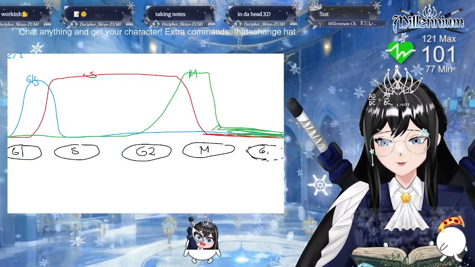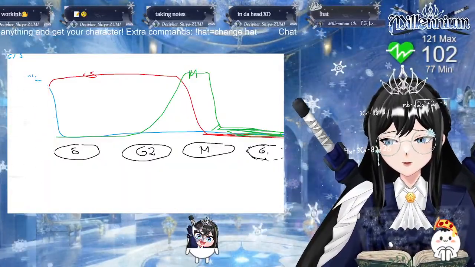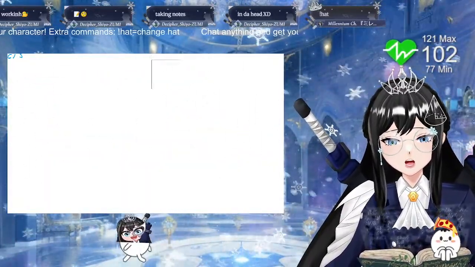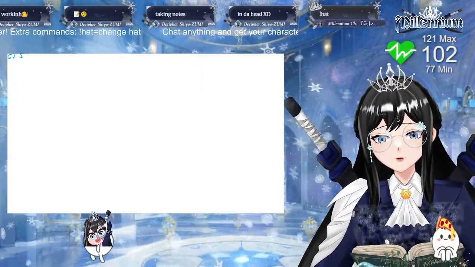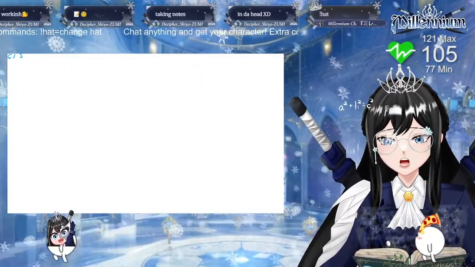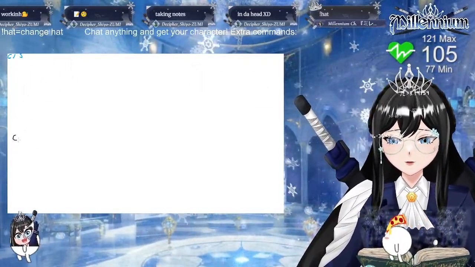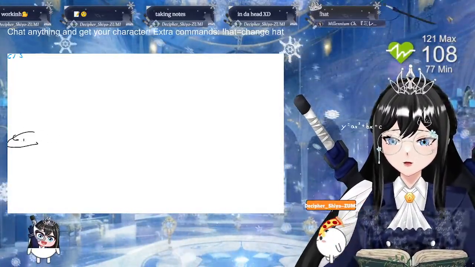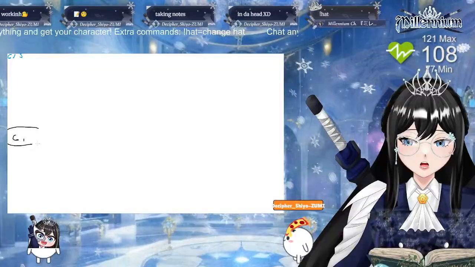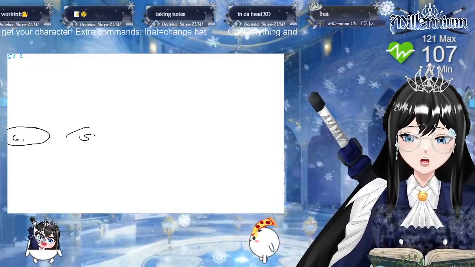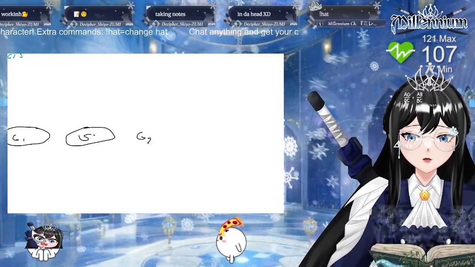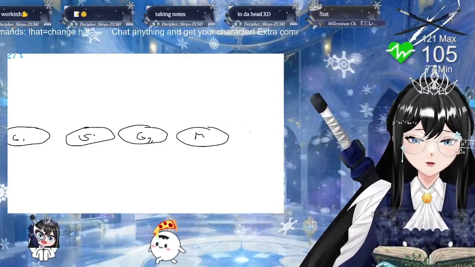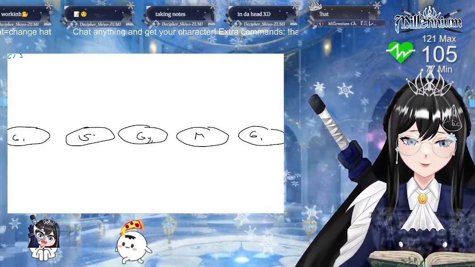So again, for the cyclins, you erase that. For the M cyclins, you have G1, S, G2, M, and then G1, right?